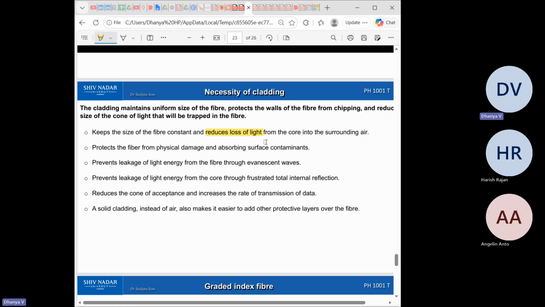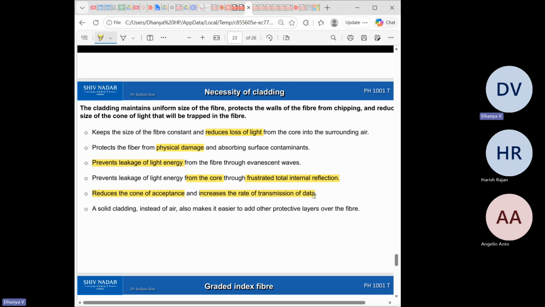So this is like a protective layer. It protects the fiber from any physical damage, and it prevents leakage of light energy from the core through any frustrated TIR. Okay, and it reduces the cone of acceptance and increases the rate of transmission.